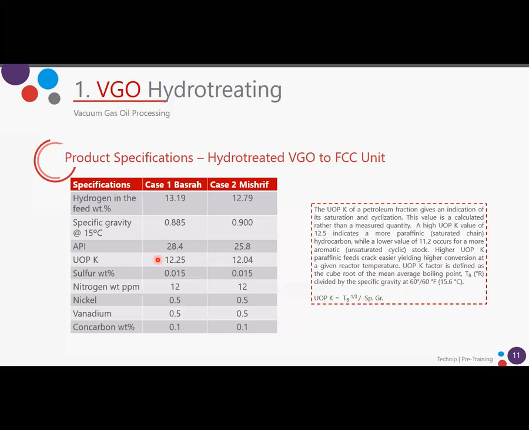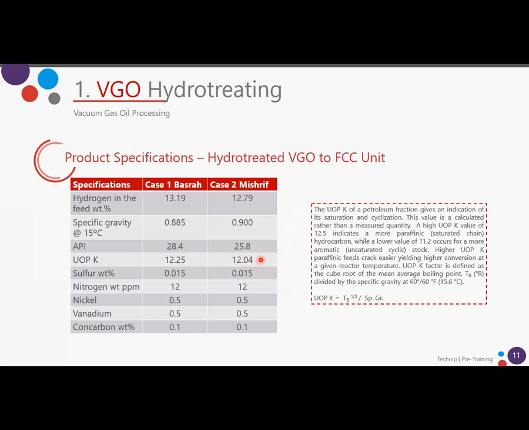So we can see here that we will have mainly saturated, more paraffinic than unsaturated. So it is good for the next unit, the FCC unit, because you will have a better product from the cracking of this unit.